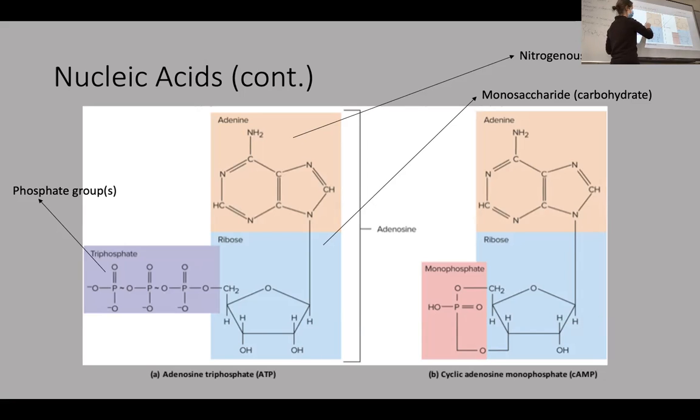Nitrogenous group is either a single or double nitrogen ring, but you can see the nitrogens, hence nitrogenous base. And then this is going to be the sugar, so the monosaccharide. In RNA and DNA, it's always ribose. You don't need to know that, but this is the monosaccharide, nitrogenous base, phosphate groups. Over here, we just have one phosphate group, but still a sugar and a nitrogenous base. Okay. Questions about that?